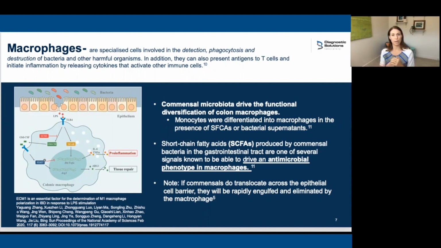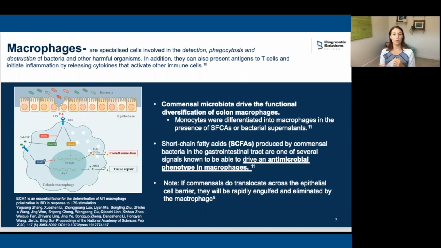Those short-chain fatty acids are really important to help with that differentiation process. The other thing that short-chain fatty acids do is they are one of many signals known to drive an antimicrobial phenotype in a macrophage, characterizing that macrophage as more of an antimicrobial type.